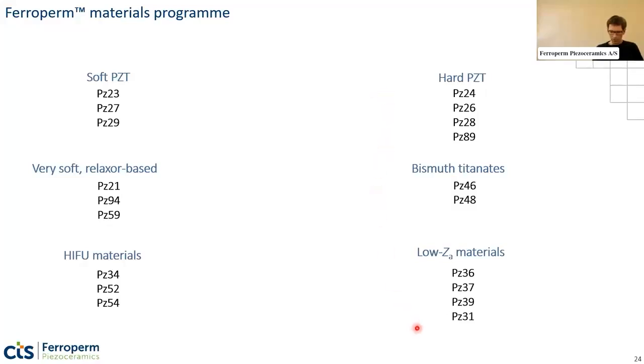I may also mention that in addition to PCT, which are, for example, these four categories here, I showed that we have the high temperature materials, but I should also mention that we have some special materials that are characterized by low acoustic impedance, and we obtain that by adding porosity.